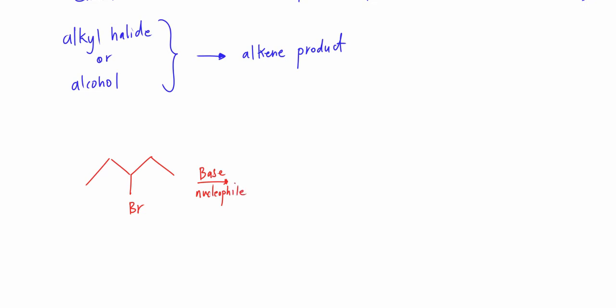We'll talk about the specifics of a base or a nucleophile later. But this reaction, if it's an elimination reaction, is going to give us this product, which is the same as this.